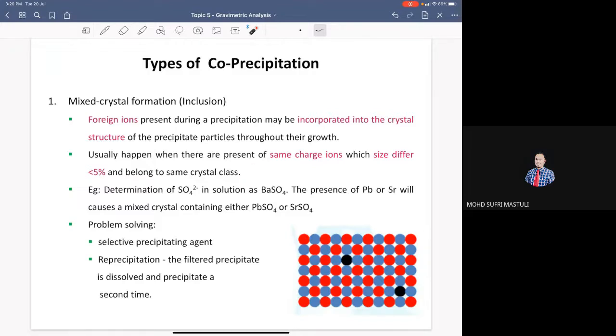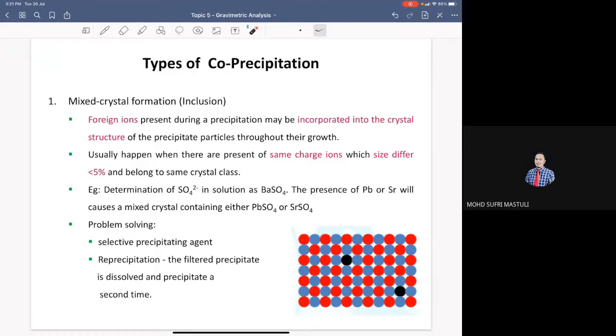So inclusion can happen if the foreign ion has a charge similar to the analyte precipitate, the size is almost similar, less than 5% different, and it has a similar crystal structure. For example, in the determination of sulfate in solution, the precipitate is barium sulfate.